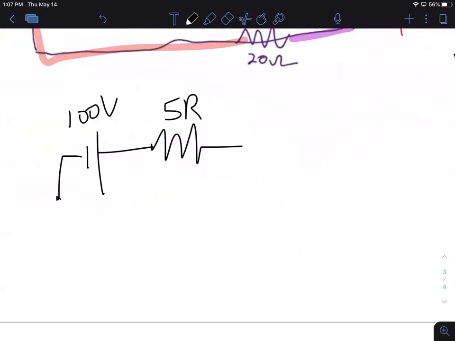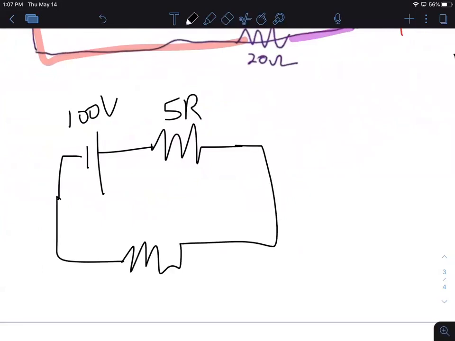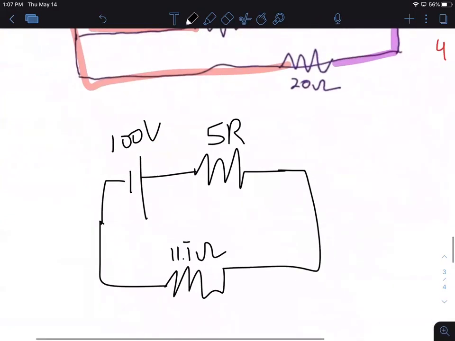So going over here, we put them together. We have a resistance of 100 ninths, which is 11.1 repeating. Okay, and we had a current of 3 amps.